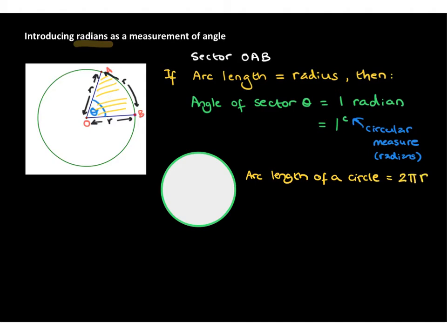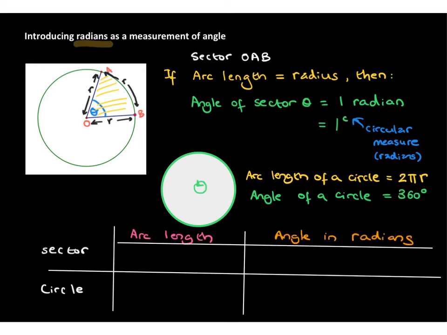But what's the angle of a circle? So far, all we know is that the angle of a circle, which is 1 full turn, is equal to 360 degrees, because at the moment, we don't yet know how many radians there are in a full circle. But can we combine these two facts to find out what the angle in 1 full turn is in terms of radians? Yes, we can.